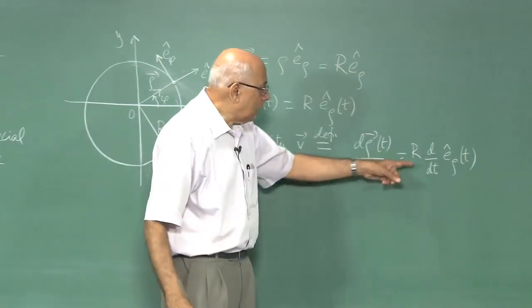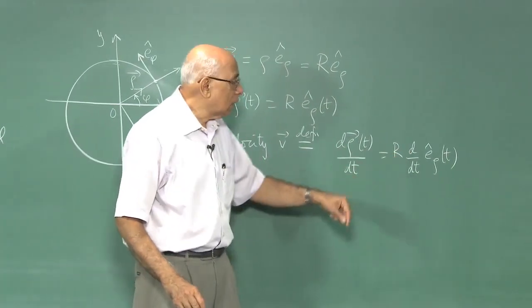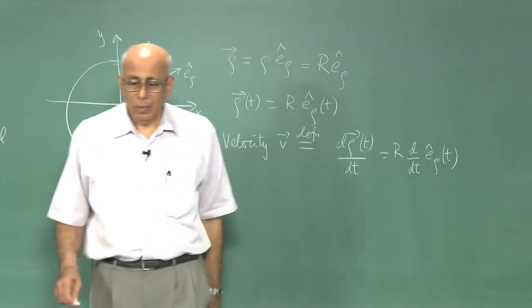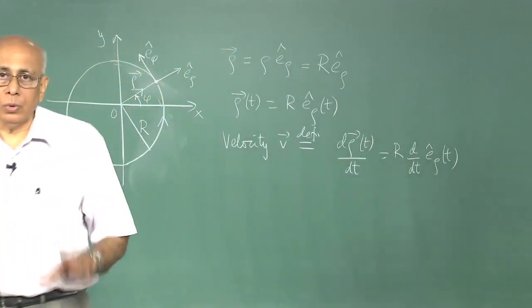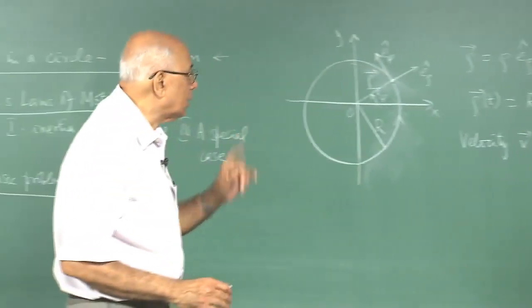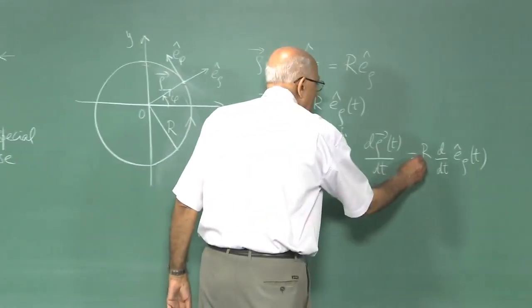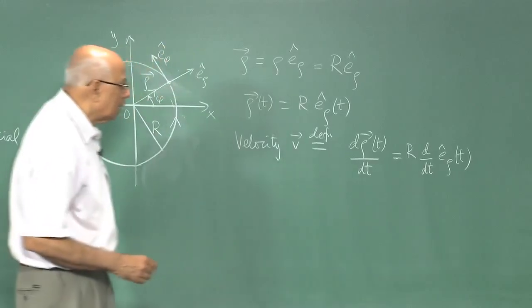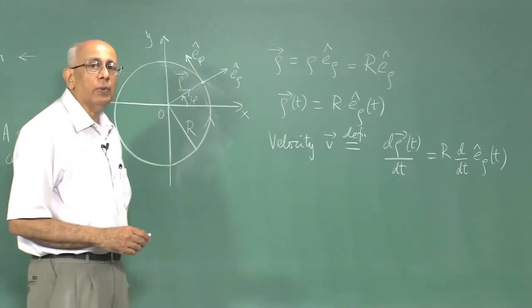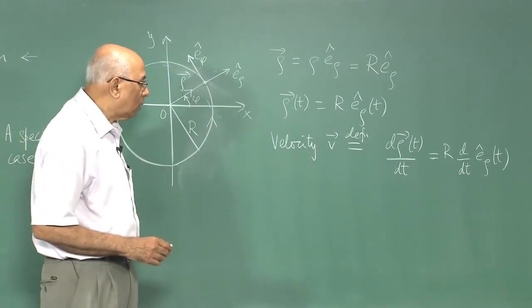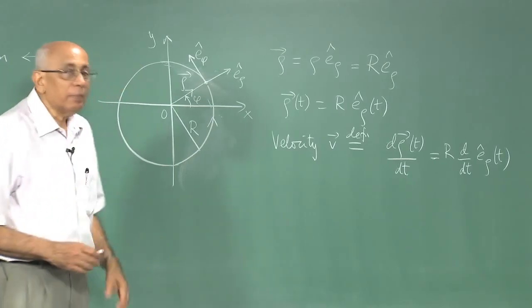So notice that we have the time derivative of a unit vector which is constant in magnitude, unit magnitude, but whose direction is changing as a function of time in some fashion or the other, which depends on the force on this particle. But at the moment we are interested in evaluating this d over dt of E rho of t, and we can do that in many ways.